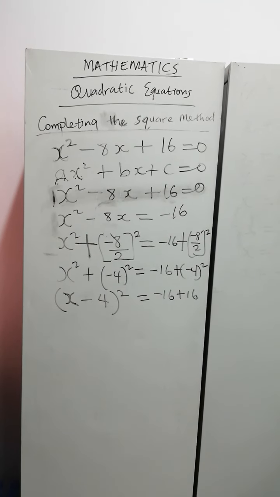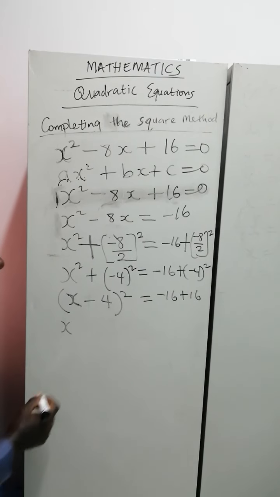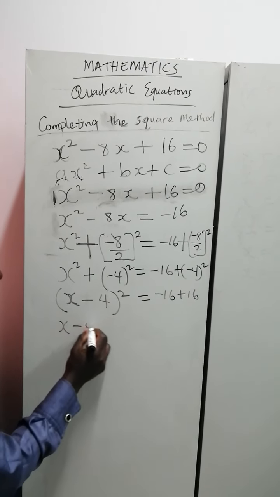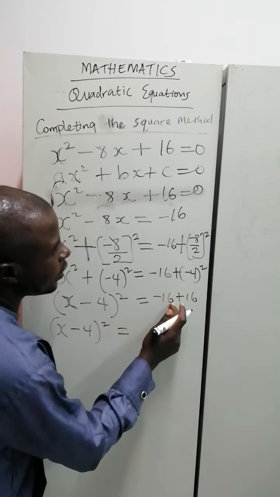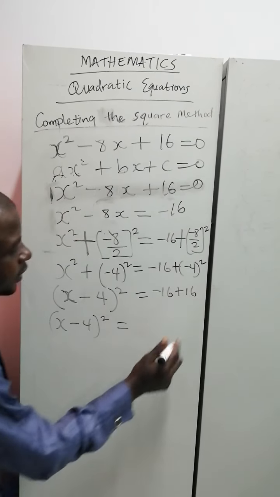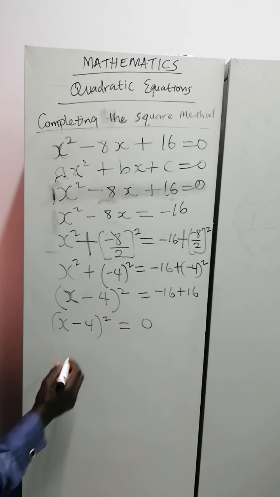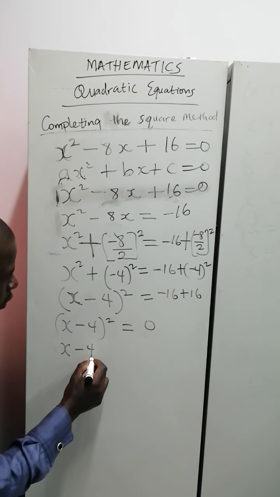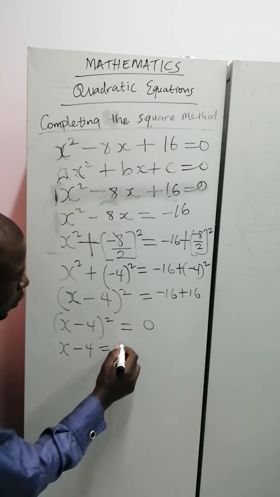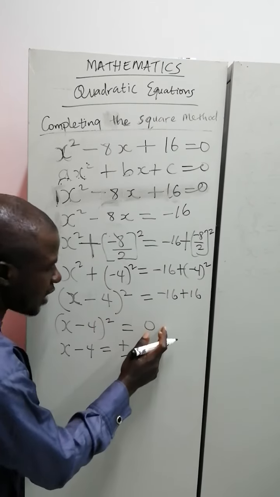Are we getting it? So we are going to have x minus 4 square is equals to minus 16 plus 16, 0. Are we getting it? So we are going to have x minus 4 is equals to plus or minus, we have to transfer this square to the other side.